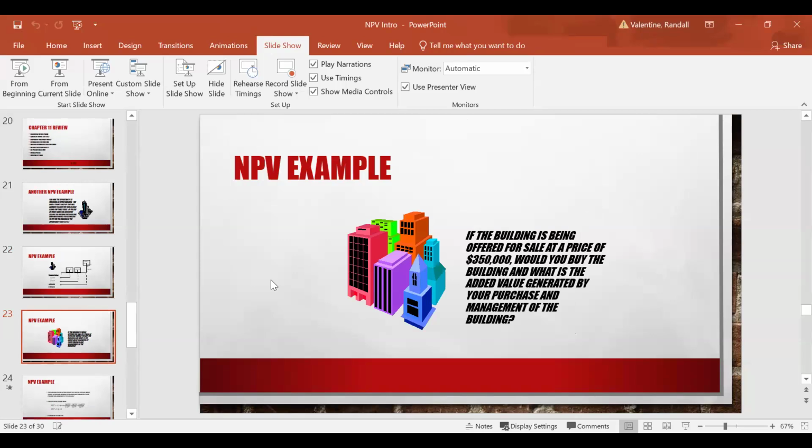You only have to make one adjustment. What would it be? Make that the CF0. Yeah, make that the CF0. So your CF0 will be negative 350,000. You don't have to change any of the rest of the numbers. You just hit CF, and then your CF0 is negative 350,000, hit enter, and then go to NPV, and it'll say I equals, you hit the down arrow and then hit compute.